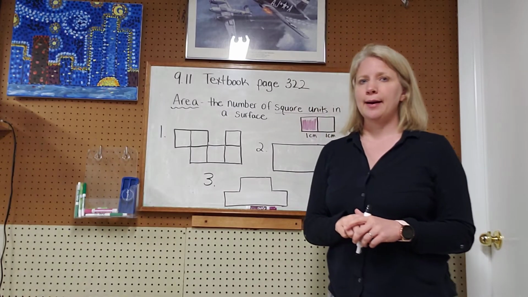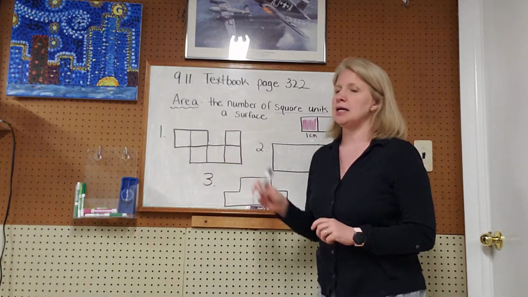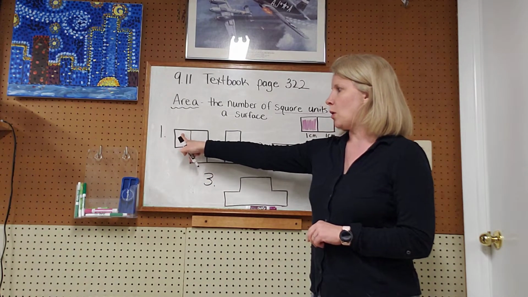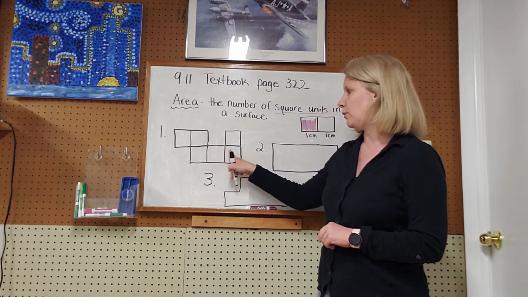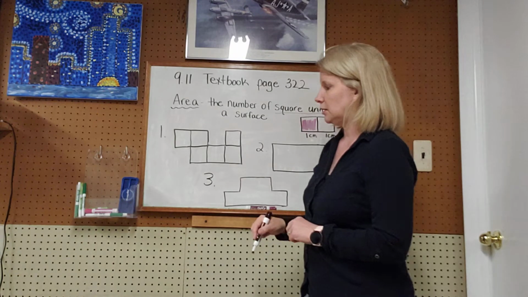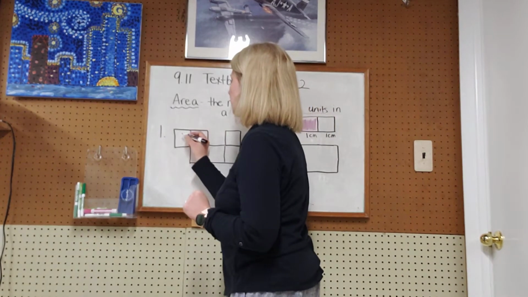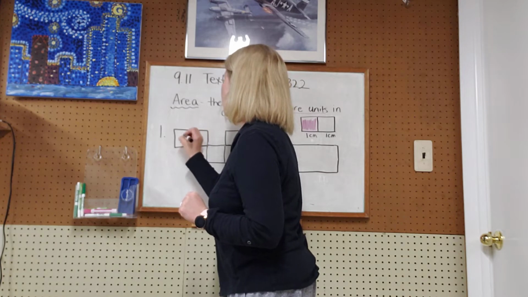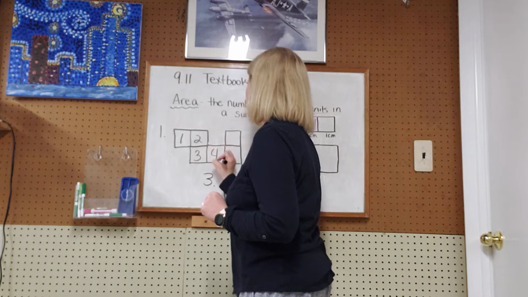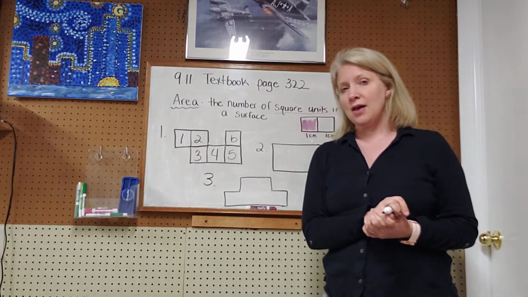If you break it up, you'll probably get some lines in an area that looks like this, right? So there would be 1, 2, 3, 4, 5, 6. And that would be your answer.